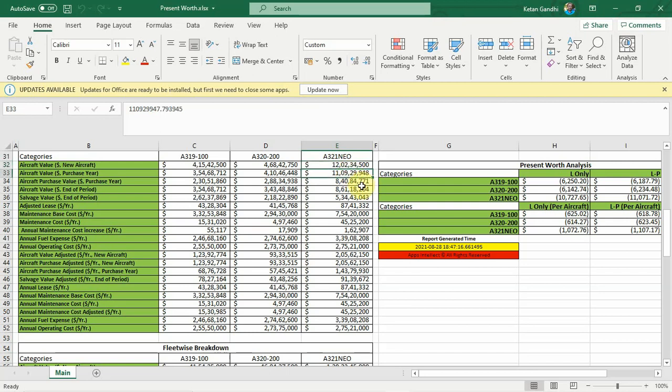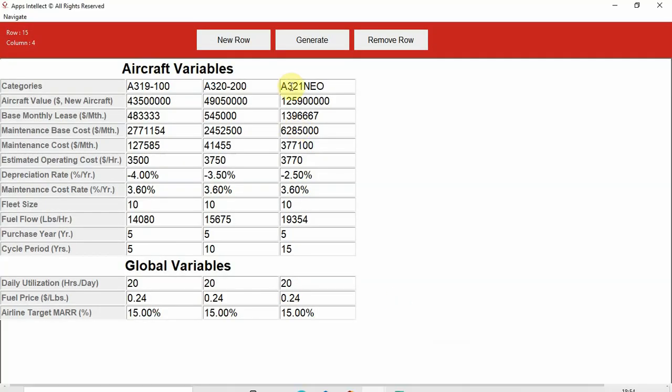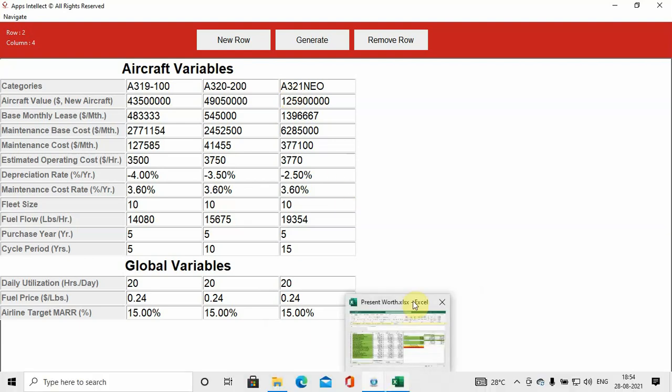purchase here is based on the depreciation rate, purchase year and the original aircraft value, not this value which is discounted, but 125 million which we saw here. So this is based on this calculation.